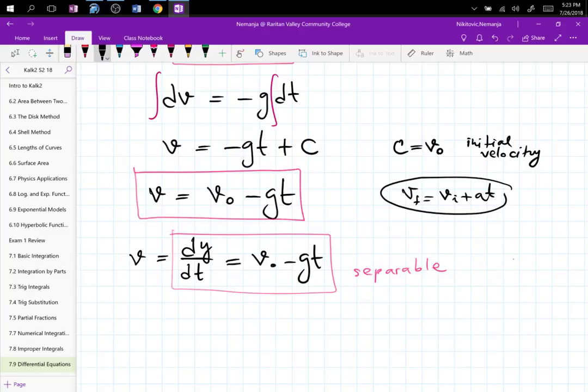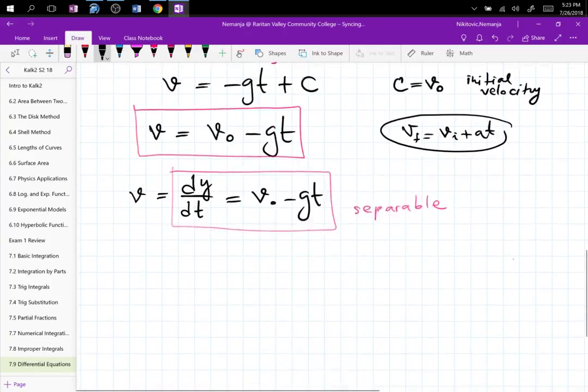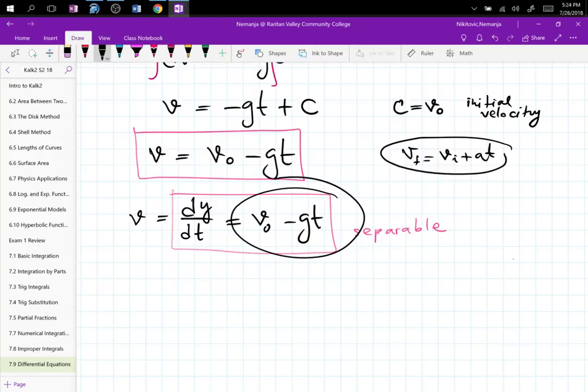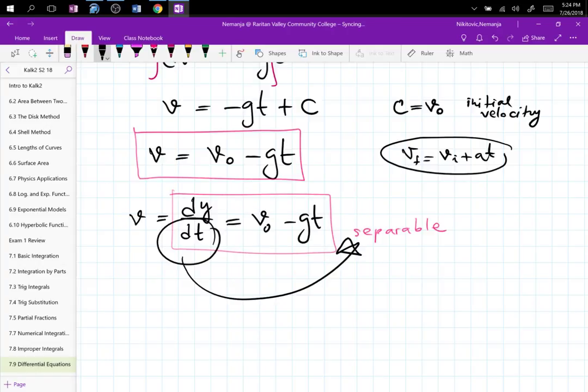And again, it's separable because, V0, there we go. If you notice, the entire right-hand side is a function of t. So, by bringing dt to the other side, we are separating variable y from the variable t.